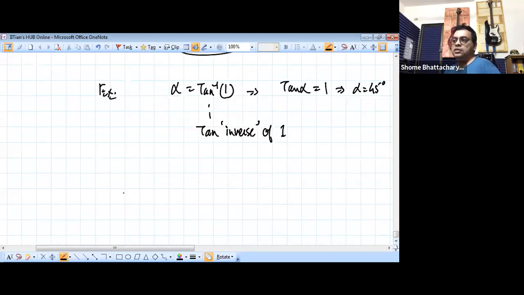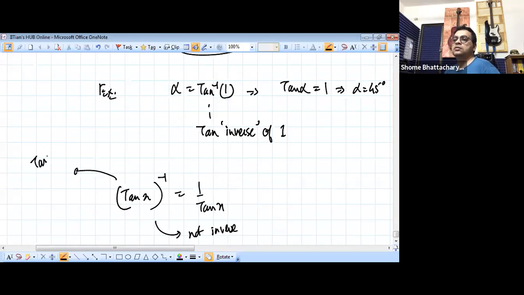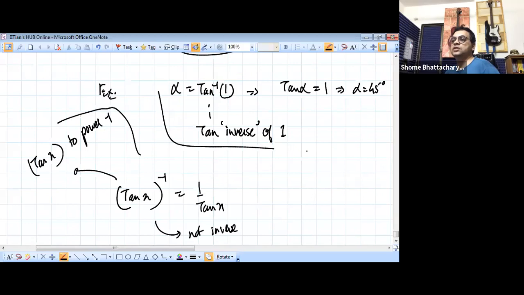That would be tan x to the power minus 1, which is 1 by tan x. So this is not inverse. This is a little confusing, but they are actually different things.